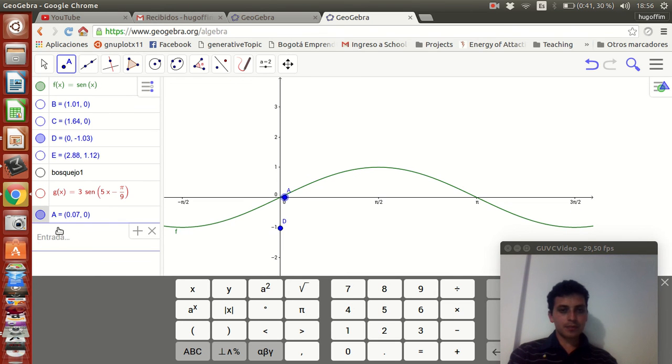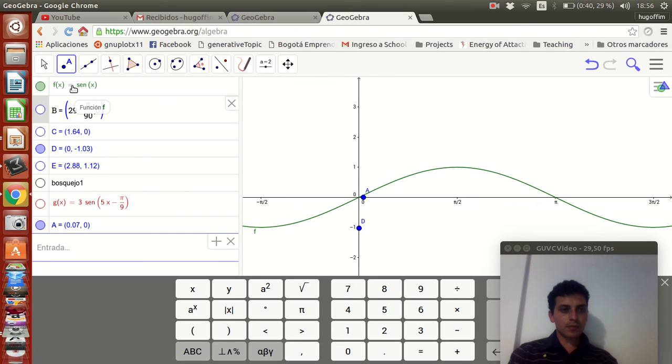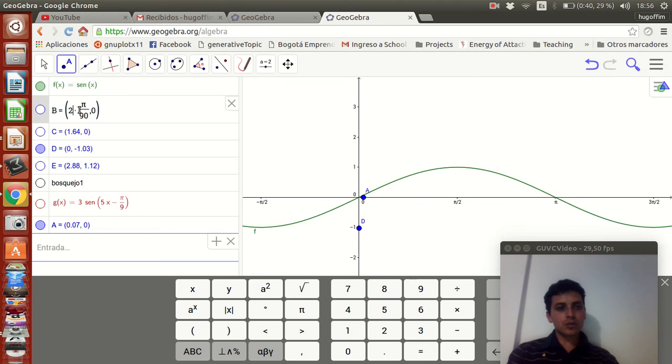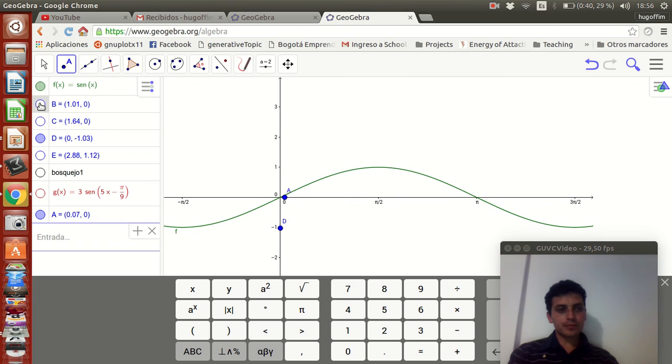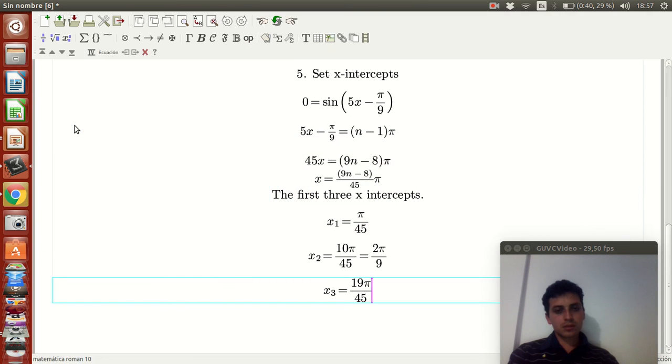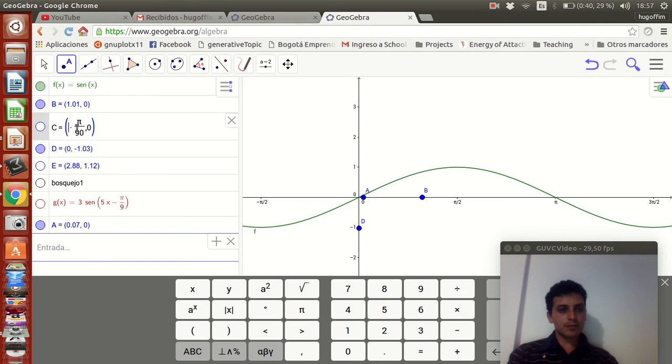Okay, and the second point is 10 pi 45ths, or 2 pi ninths, and the third point is 19 pi divided by 45.